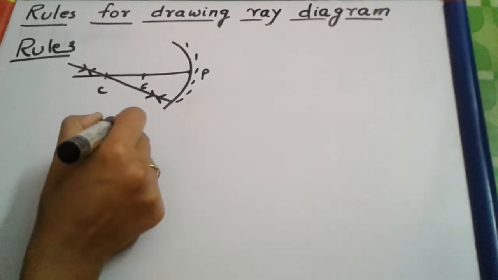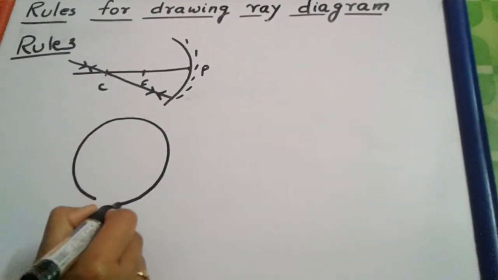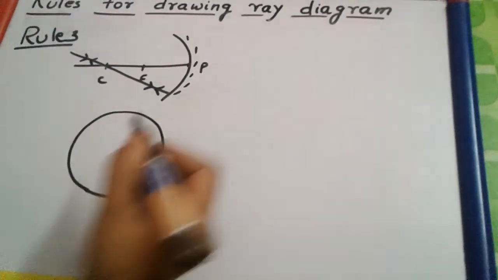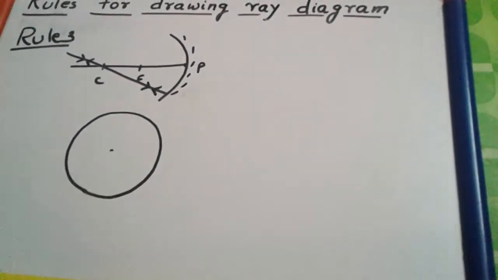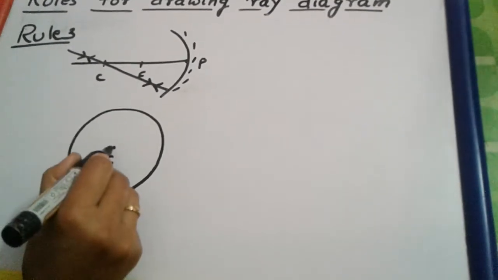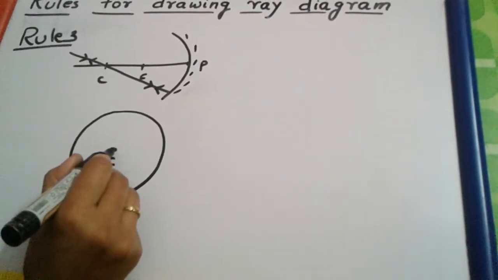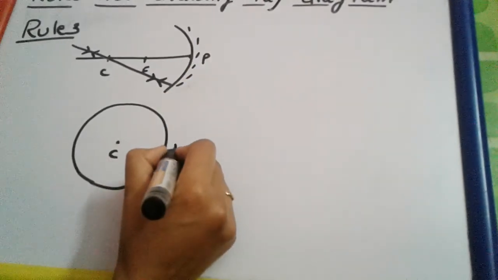See, this has formed from a spherical mirror. Spherical mirrors are formed from a sphere, right, which has a particular center. That center is known as what? Center of curvature. If any line is passed from center of curvature, which is reaching to the other end also, where is the other end? That is the pole.